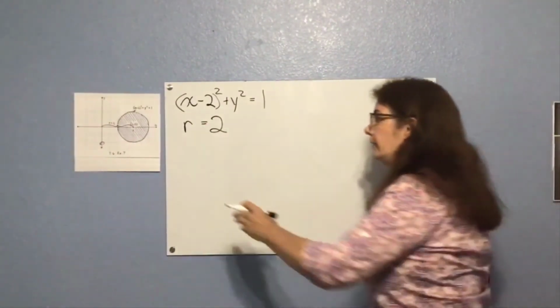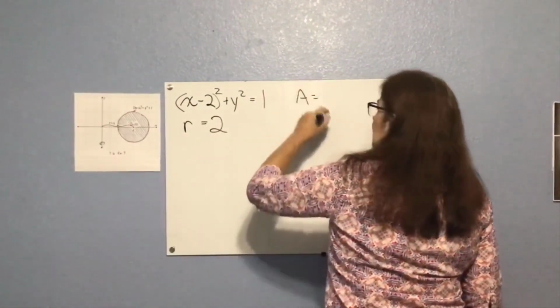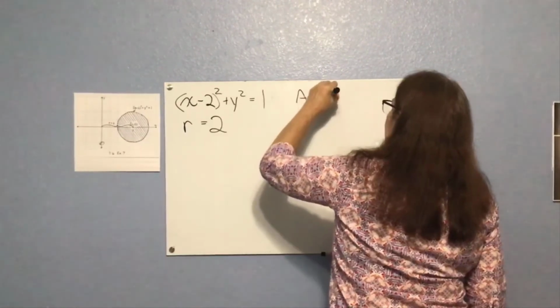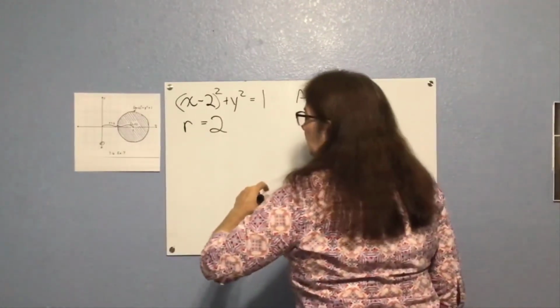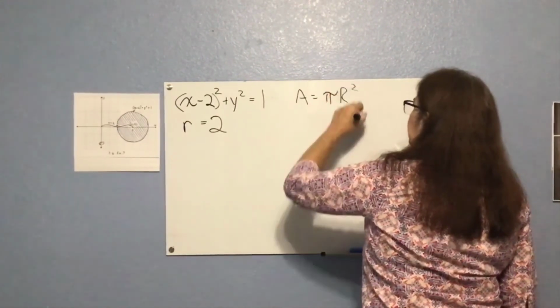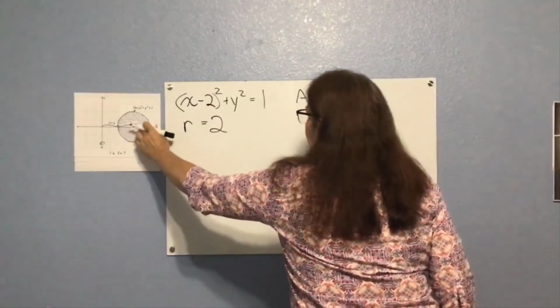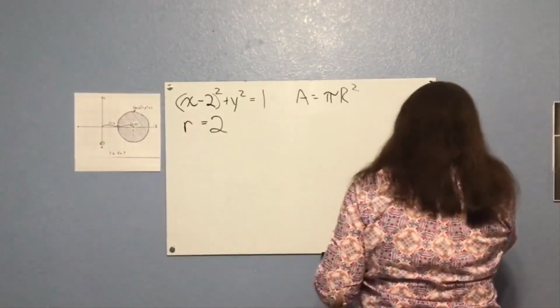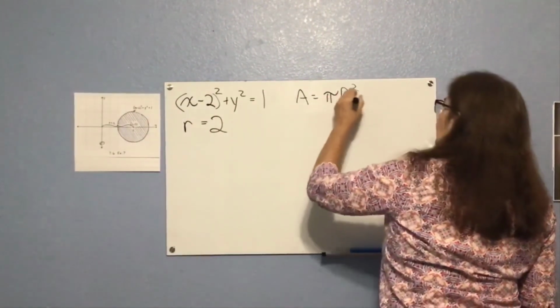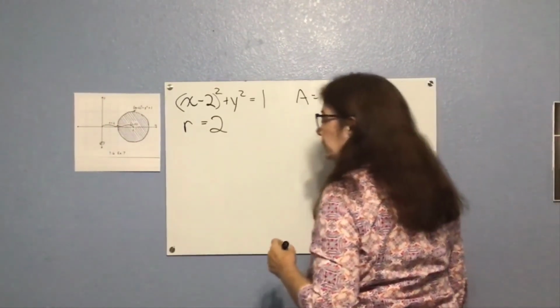Okay, the area of this circular region is equal to pi r squared. And we know the radius of this circle is just 1, so the area is just pi.